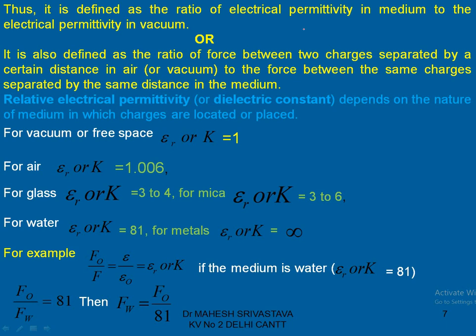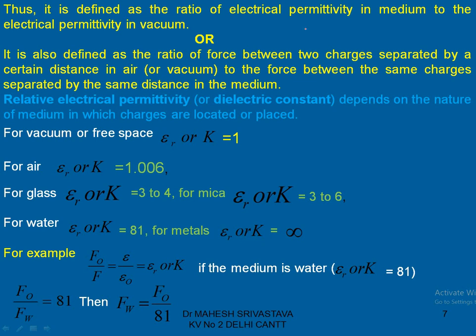Or in terms of force, it is defined as the ratio of the force between two charges separated by a certain distance in air or vacuum to the force between the same two charges separated by the same distance in the medium, that is F naught upon F.